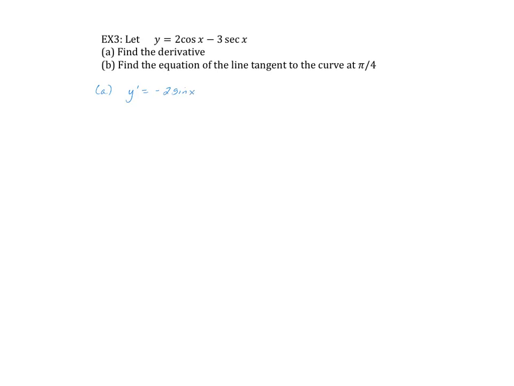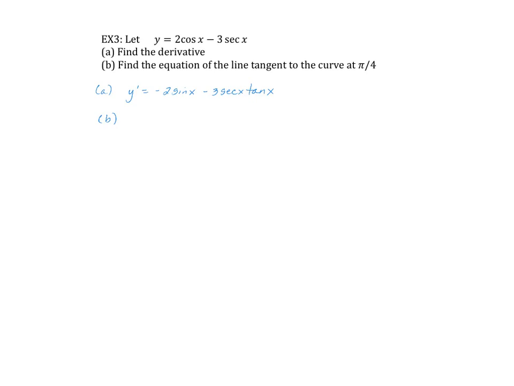And the derivative of secant is secant tangent, so minus 3 secant tangent. And in this particular case, I don't think I'm going to bother finding a common denominator and seeing if it's in simplest form, because the actual goal of this problem is part B, to find the equation of the tangent line at pi over 4.